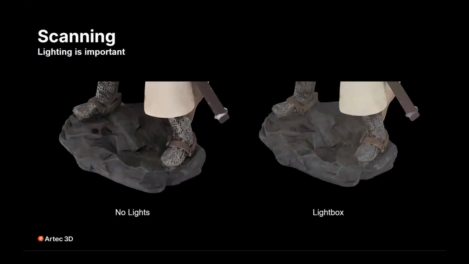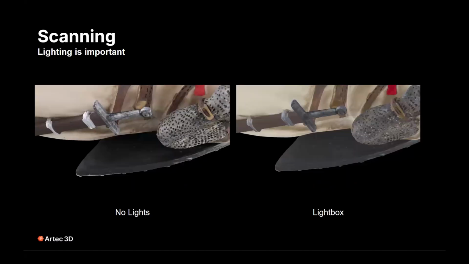Then if we take a close-up look at the rock beneath the feet, you could also see a more even color distribution on the model on the right, which was scanned inside of a light box.